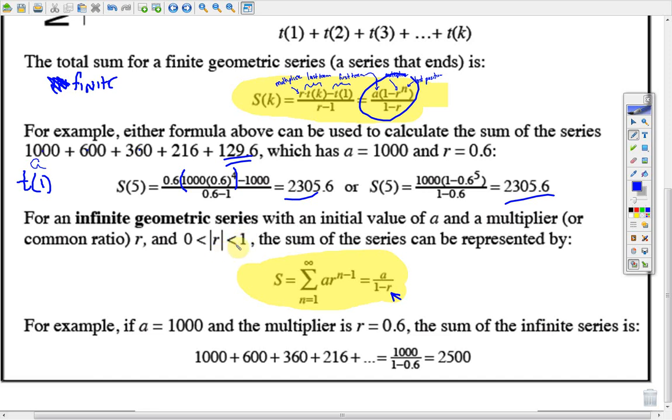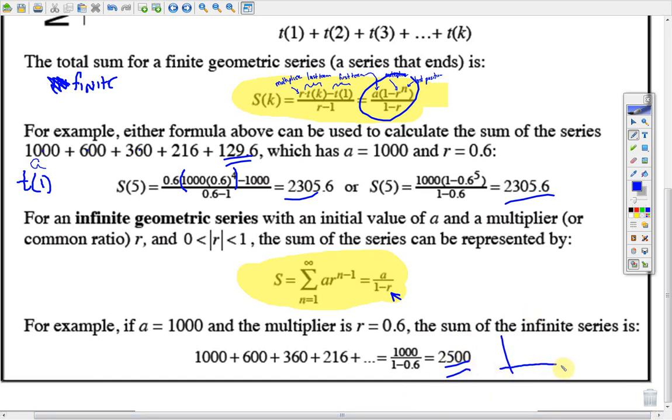Or if it's not an absolute value, it has to be between -1 and +1, and it can't equal 0. So be careful with that. If we've got a multiplier over 1, we can't use this equation. This equation just says that we take the first value over 1 minus the rate. So in this last example, our initial value was 1,000 over 1 minus 0.6. So the sum of that infinite series is 2,500.